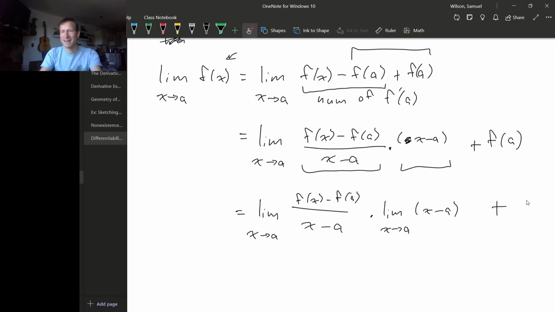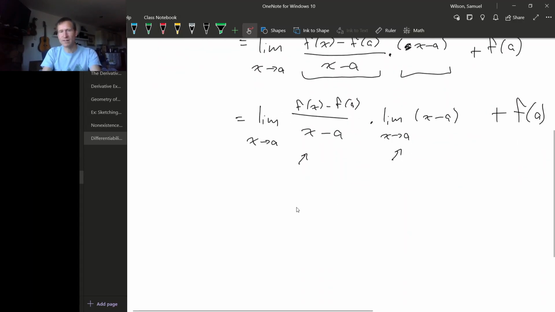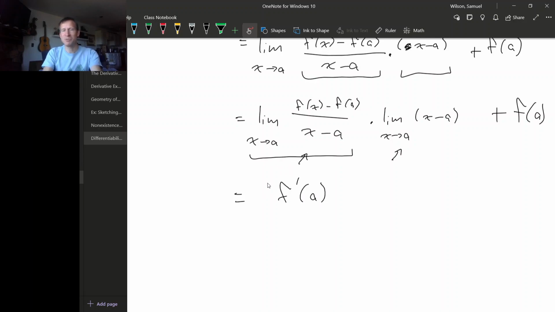And then out at the end we have a plus f of a. Well, the product rule says that this is what we get, assuming that these individual limits exist and are finite. But remember, we assumed that f prime of a exists, and this first piece here is f prime of a. We assumed that this exists and is finite, so that's just f prime of a.